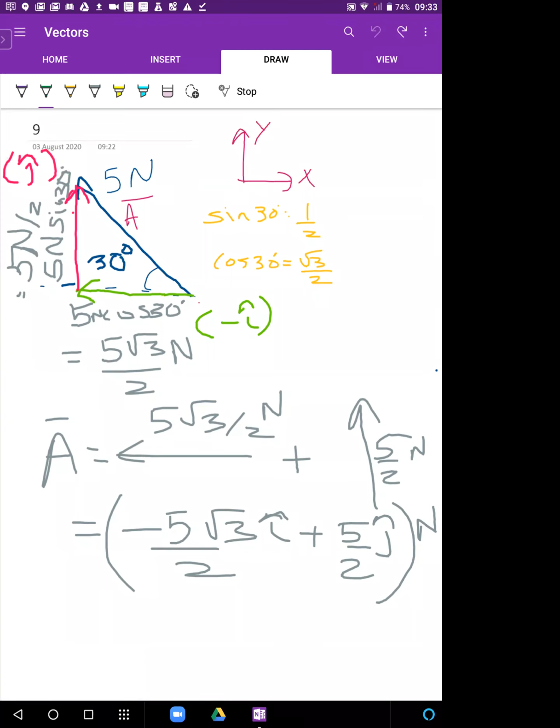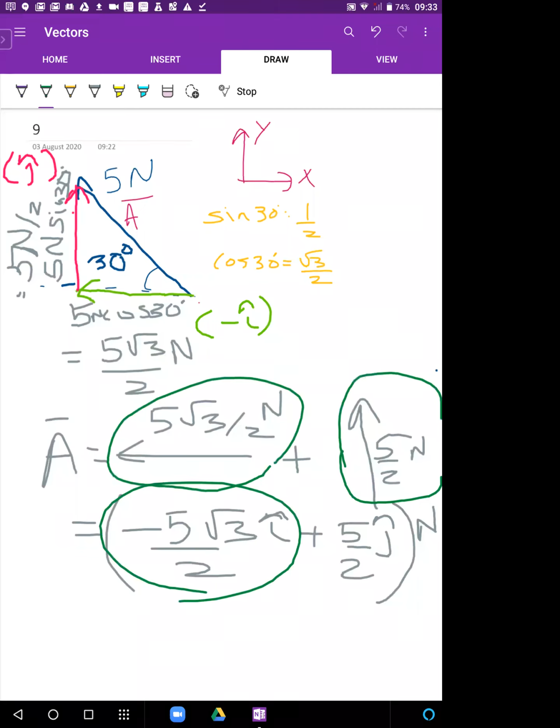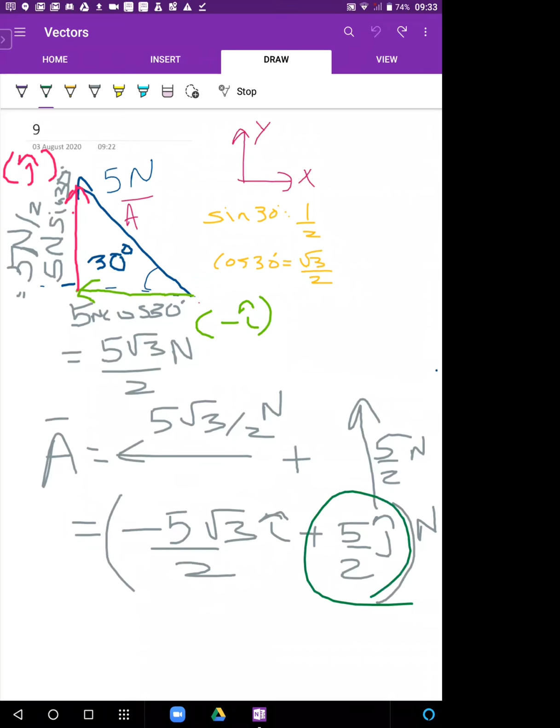So what is our conclusion? A bar has been written in terms of these two vectors, but 5 root 3 by 2 Newton opposite x is minus 5 root 3 by 2 I cap. So that's what we did some 2-3 pages ago. And 5 by 2 Newton upward is positive 5 by 2 j cap. Got it?